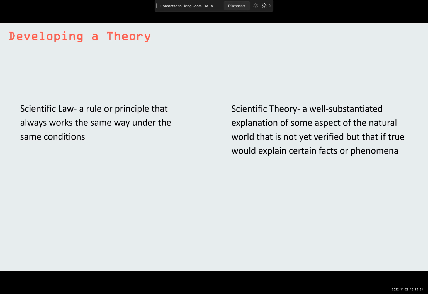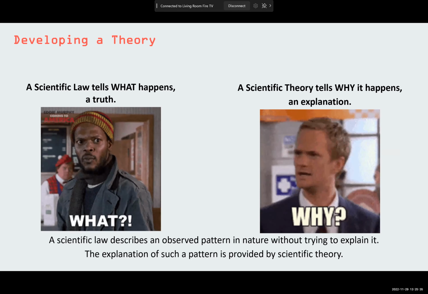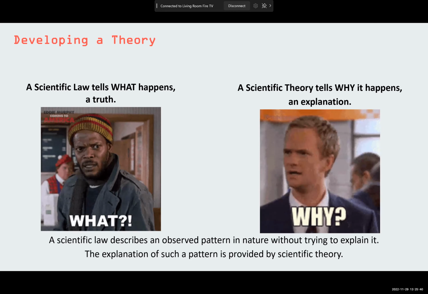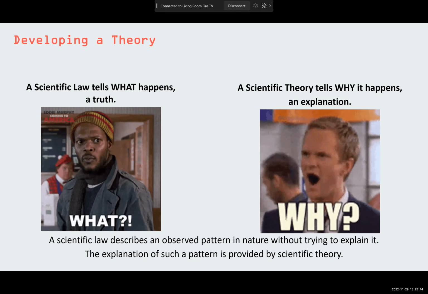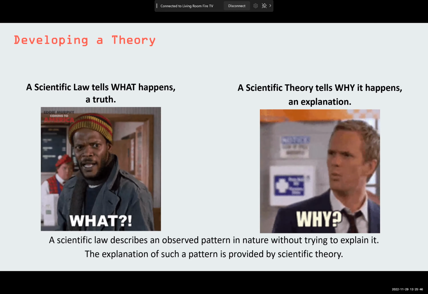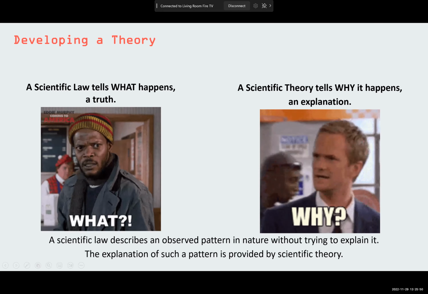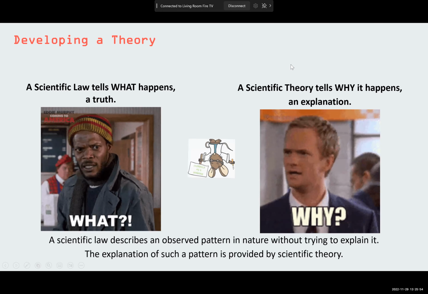Close. Theory. We have theory versus law. So scientific law, everybody say it aloud with me. Scientific law tells you what happens, a truth, or a fact, you could say. And scientific theory tells why, an explanation. Memorize those two for the rest of your life.